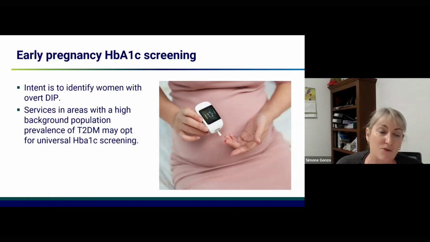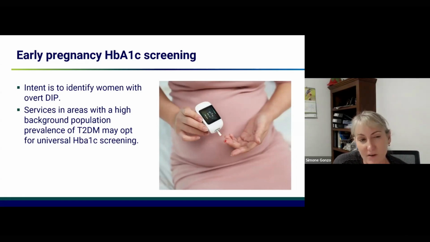Now, special note here for health services in areas with a high background population or remote areas of type 2 diabetes. Those areas may have their own local guidelines that suggest all patients have a universal HbA1c with their prenatal bloods or early natal bloods.